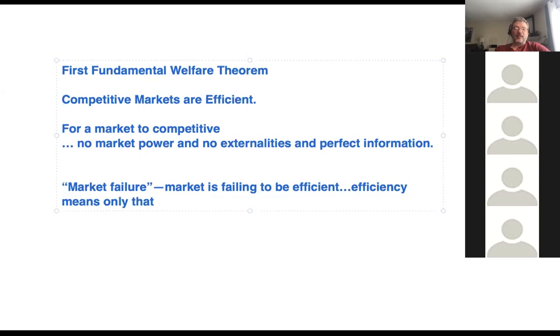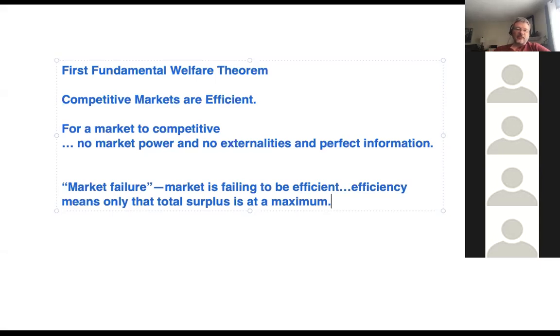But it means only that total surplus is at a maximum. That's it. So all we're saying is that if the market is competitive, then total surplus will be at a maximum.